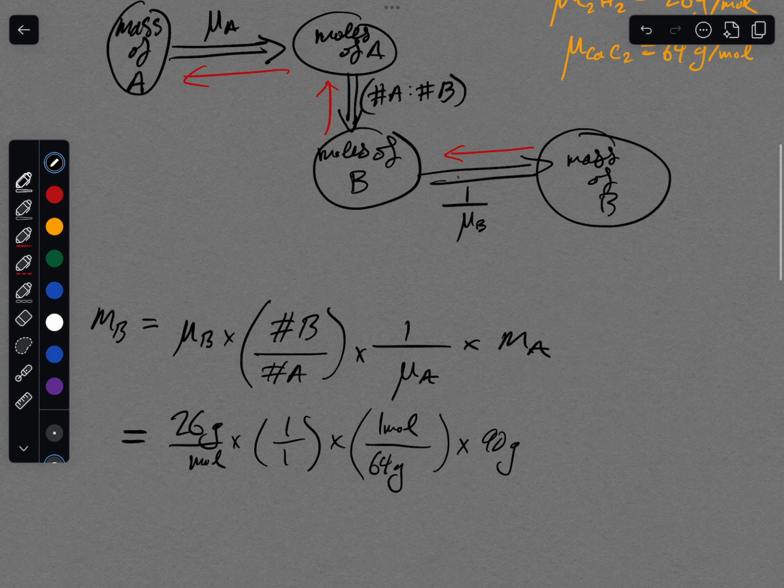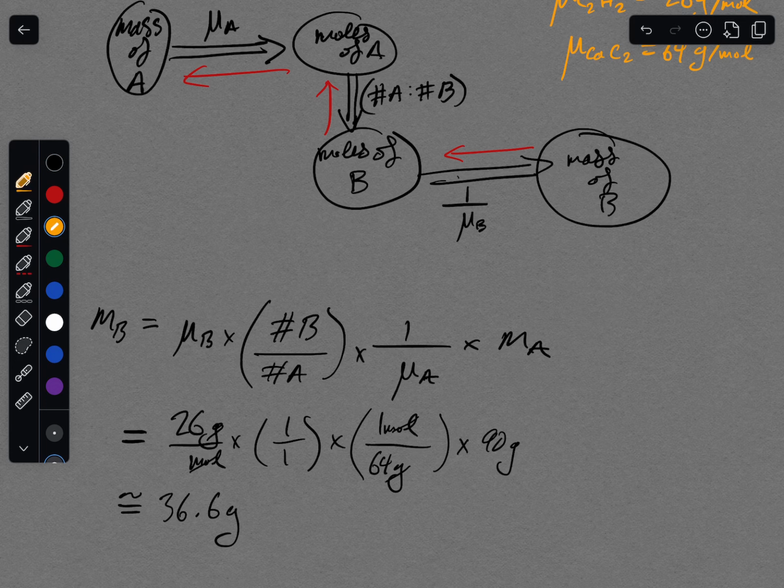Okay. And so if I plug this into a calculator, let's see, if I have 26 times 90 divided by 64, I get around 36.6 grams.